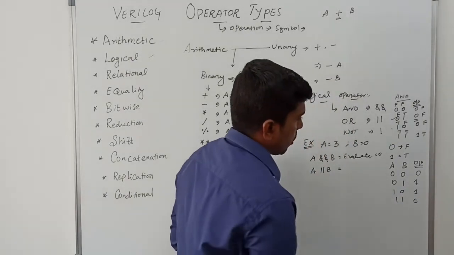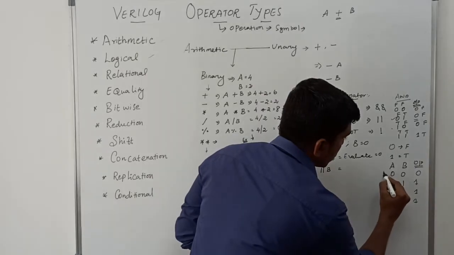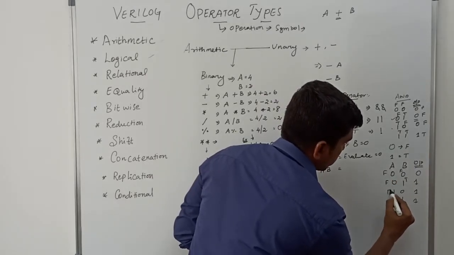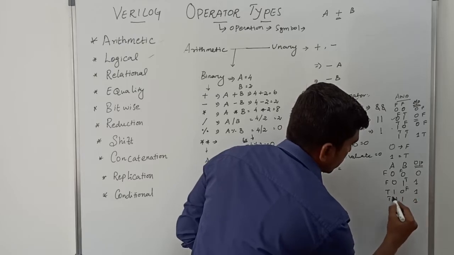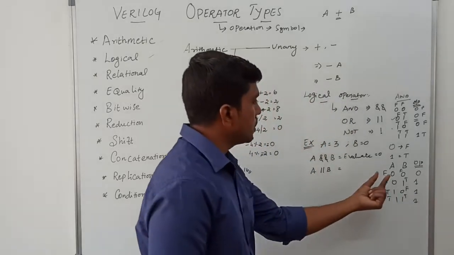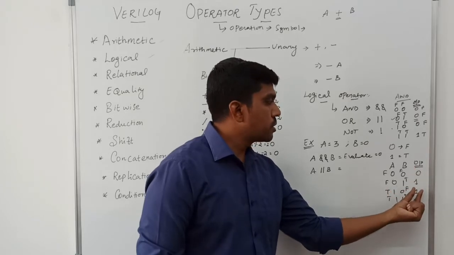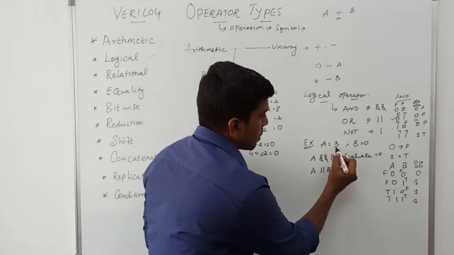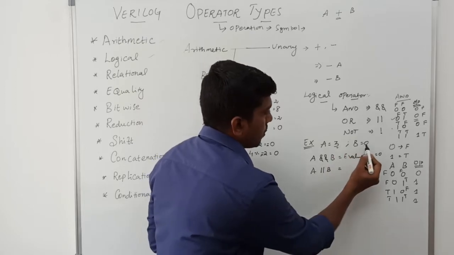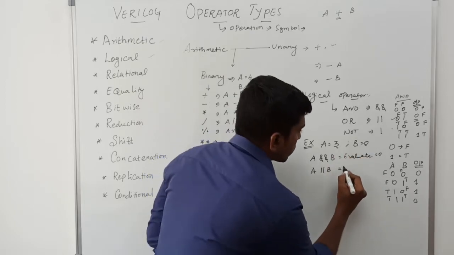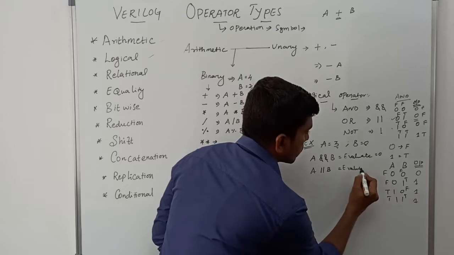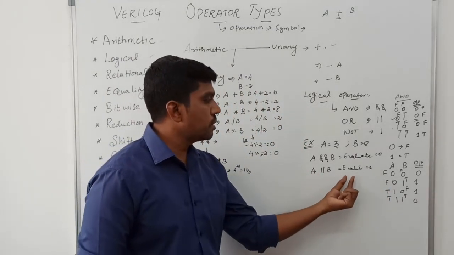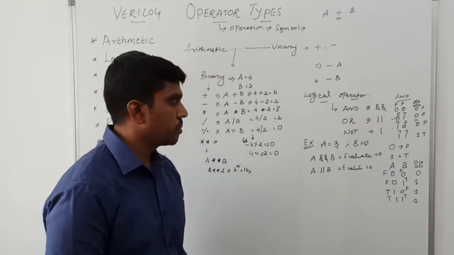So in these three cases, the output is true. 0 is considered false and 1 is considered true. Here operand A is a non-zero value and operand B is 0, so the output of the OR operation is 1.